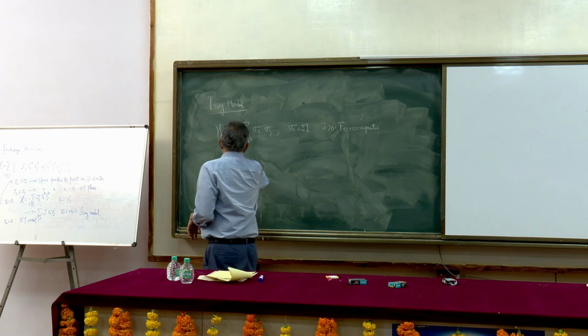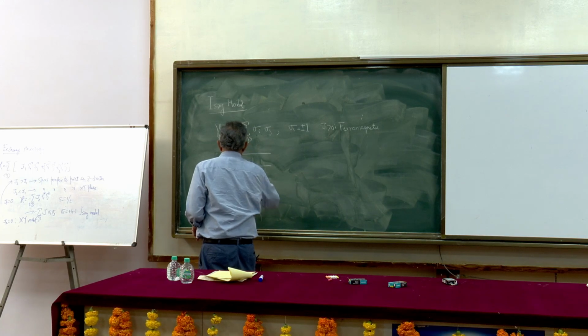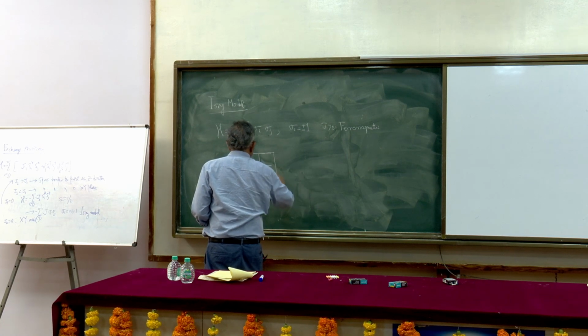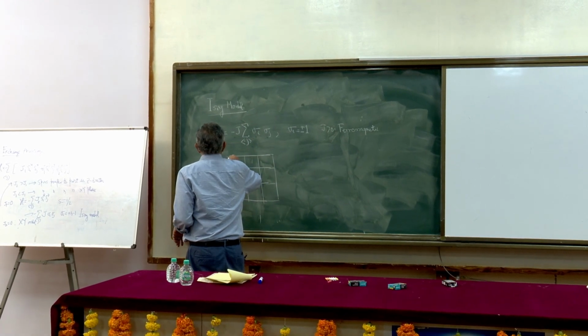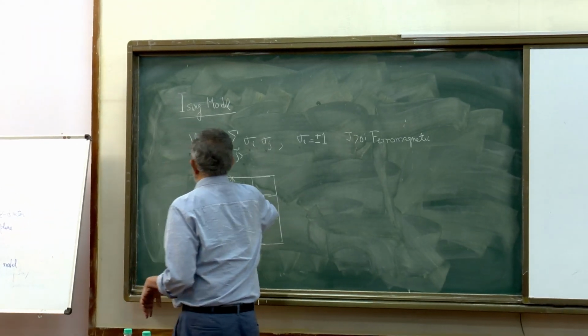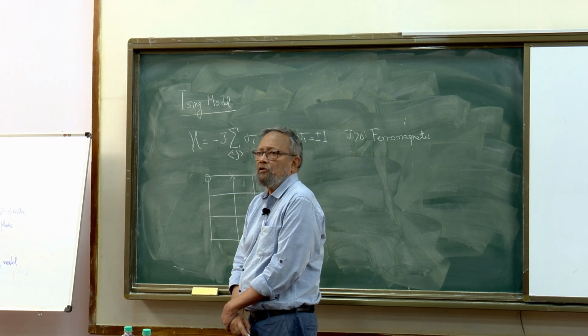So, to take a picture, I'll just draw basically circles or crosses. Circles represent A type of particle and crosses represent B type of particle.